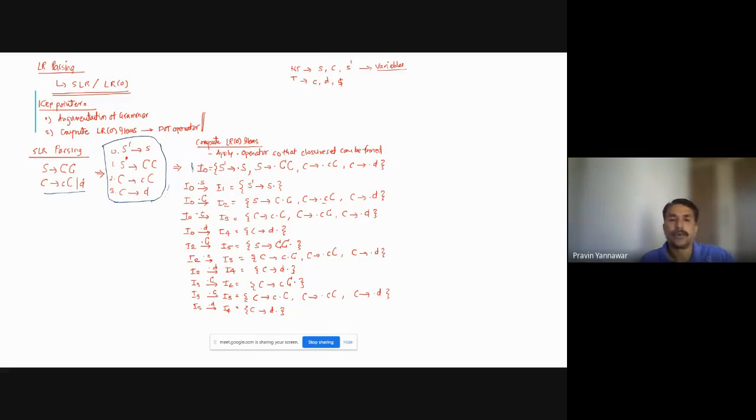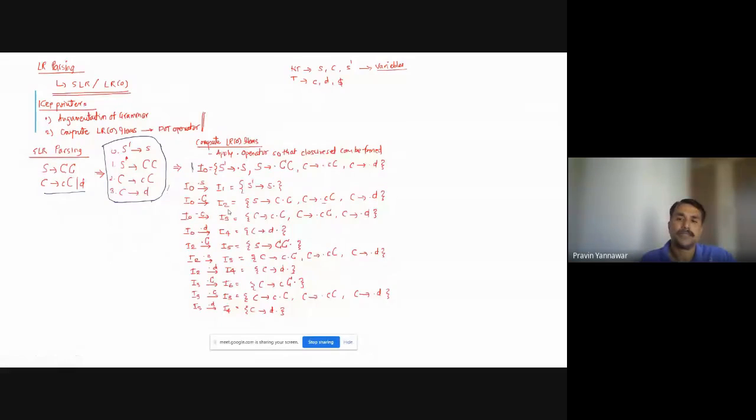Once you have got I0, you can collect the states from I0. So I0 with variable S, I0 with variable capital C, I0 with terminal symbol small c, I0 with terminal symbol D. You will form new sets accordingly, as the dot is getting shifted.